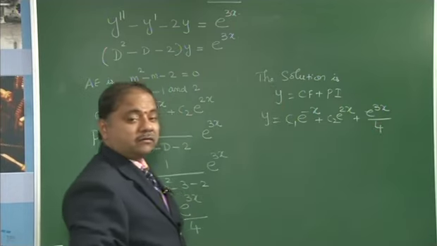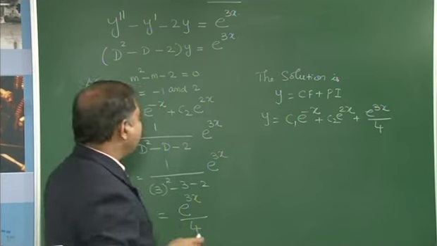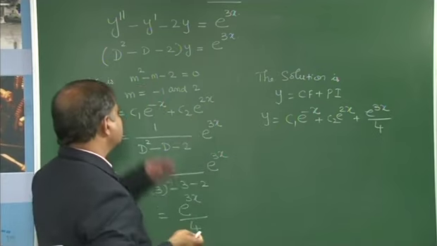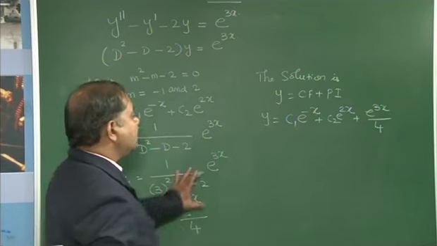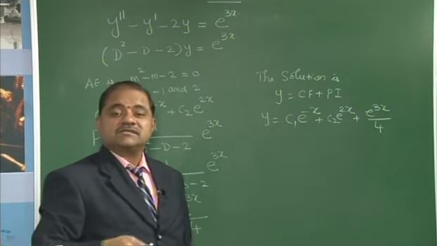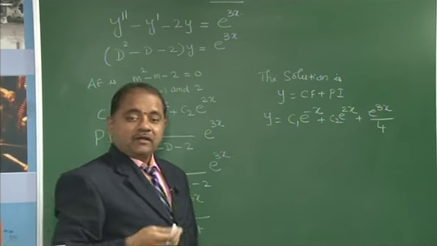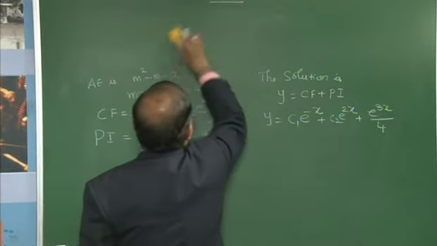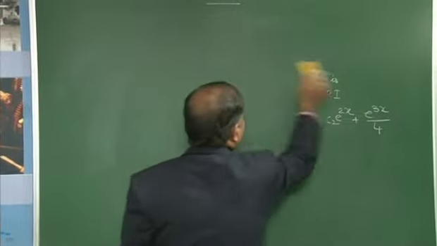I got the complete solution for y'' − y' − 2y = e^(3x). This you already know by the inverse differential operator method: I have calculated the particular integral and got the solution as CF plus PI. In the same way, I am showing you 3 examples as usual: equal roots, unequal roots, complex roots.